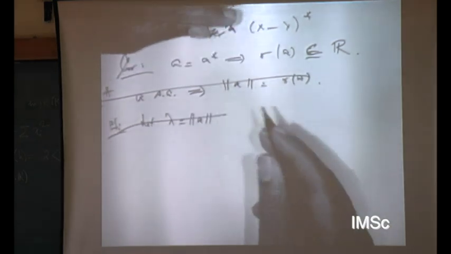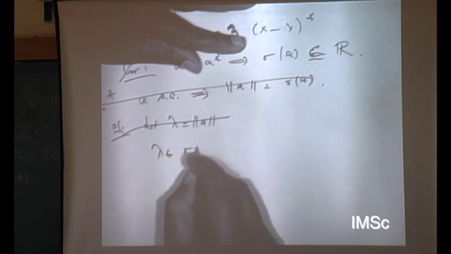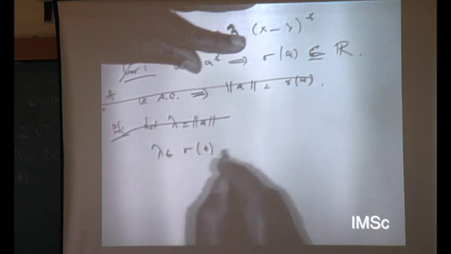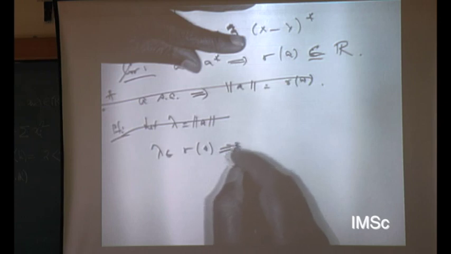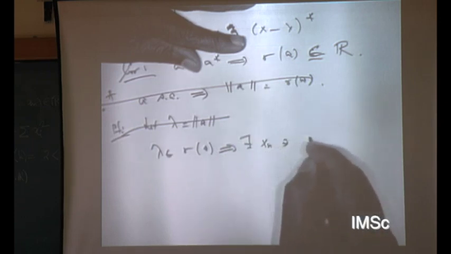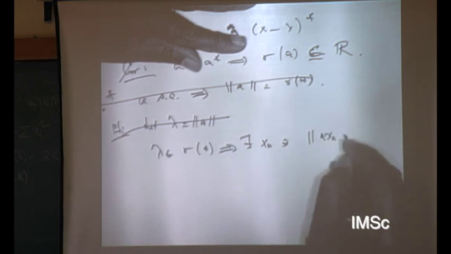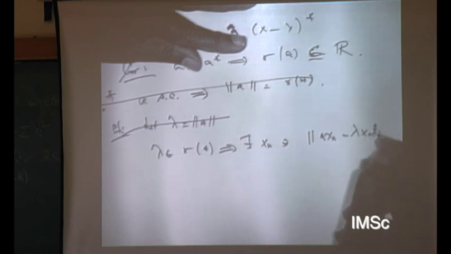So if lambda is in the spectrum of A, there exists x_n such that the norm of A x_n minus lambda x_n converges to 0.